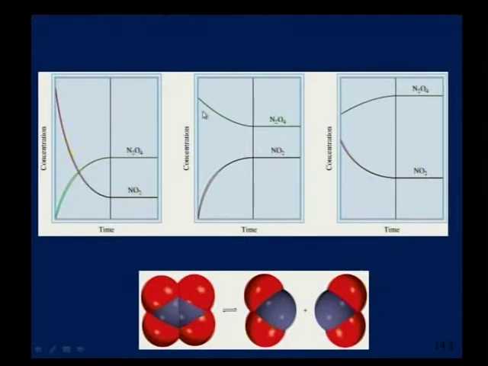In some reactions, we have started these reactions by taking NO2 as a reactant and N2O4 as a product, but here we have taken N2O4 as a reactant and NO2 as a product, and here also the value of N2O4 goes on decreasing and the value of NO2 increases slightly, and at this stage we can say that the system is at equilibrium.